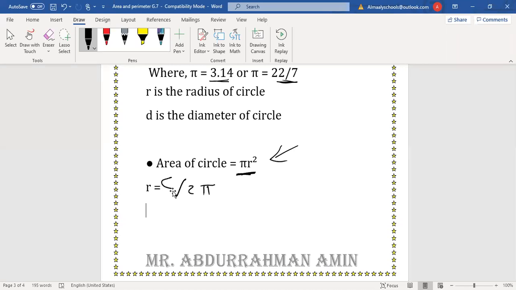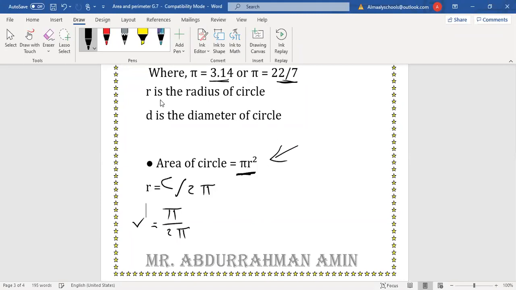That's right. So what about B? We will divide pi by 2 pi, so the result will be pi over 2 pi.